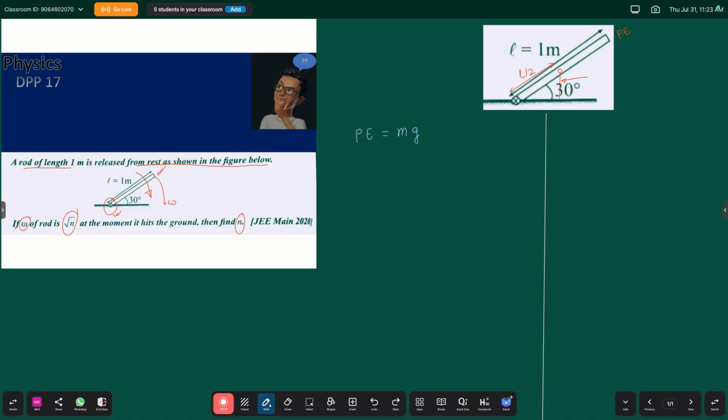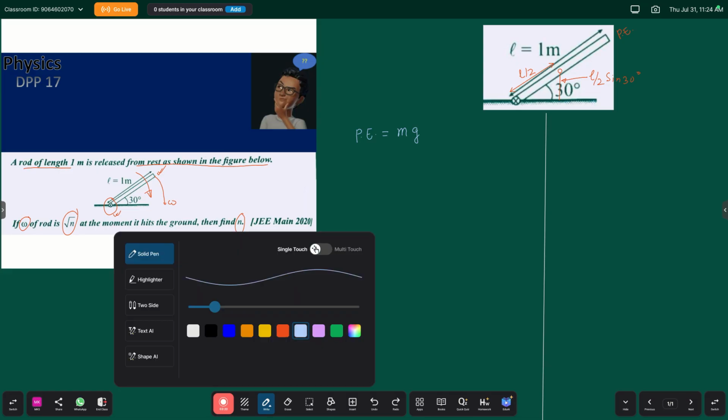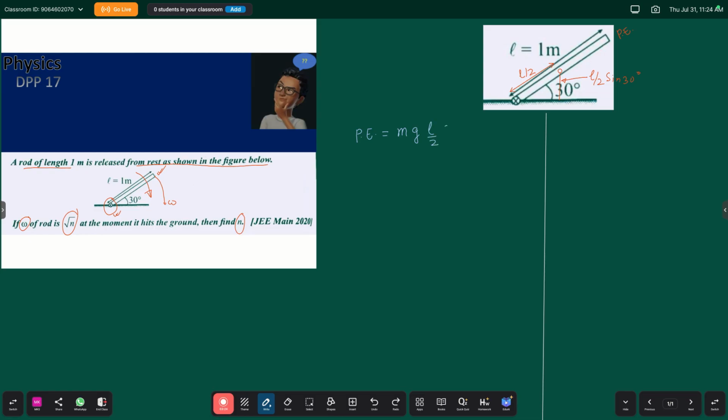So H will be L/2 sine 30 degree. H is this one. So this is the potential energy at this location.